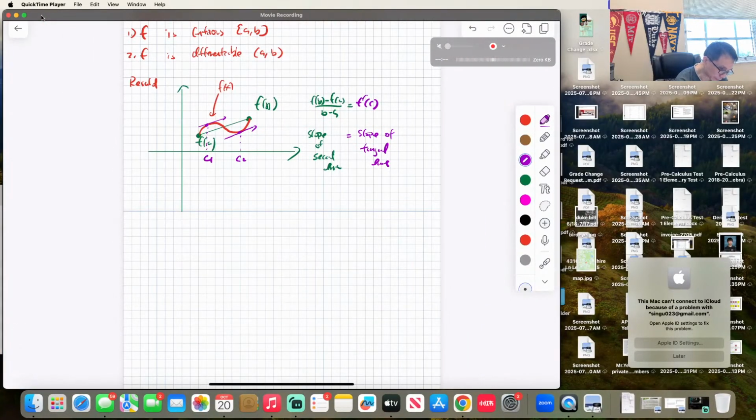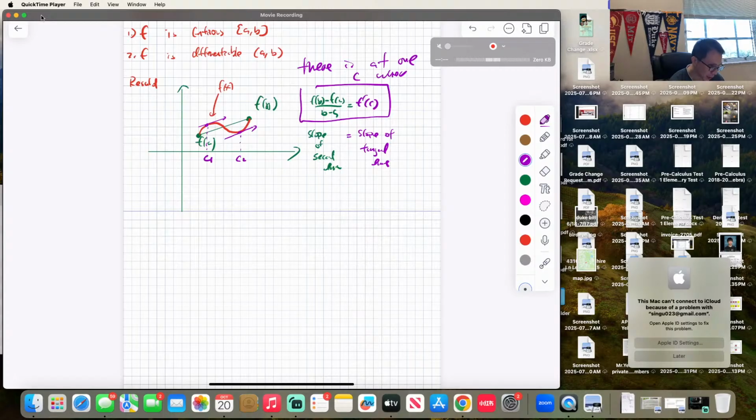So this is just saying there is at least one C where f prime of C is equal to f of b minus f of a over b minus a, but between A and B, not including endpoints. Again, not including endpoints. Okay, because on your worksheet, there may have been a question about the endpoints. You had to exclude that one.